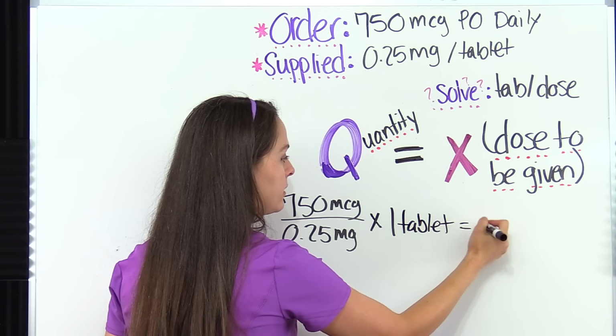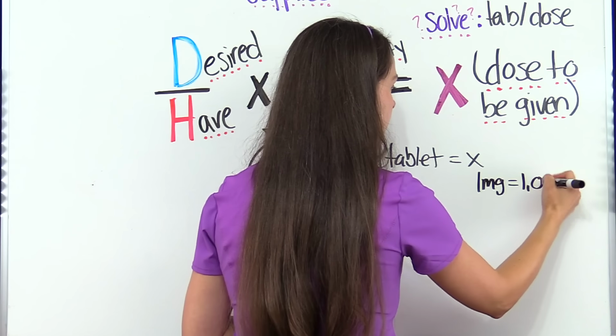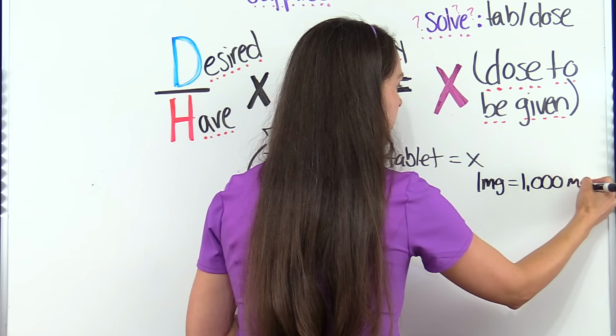Since we're dealing with milligrams, we're holding milligram tablets, we're going to convert the doctor's order that's in micrograms into milligrams. So what we need to figure out is 750 micrograms equals how many milligrams? So this is where we access that metric table from our memory bank. And we know from that 1 milligram equals 1,000 micrograms.